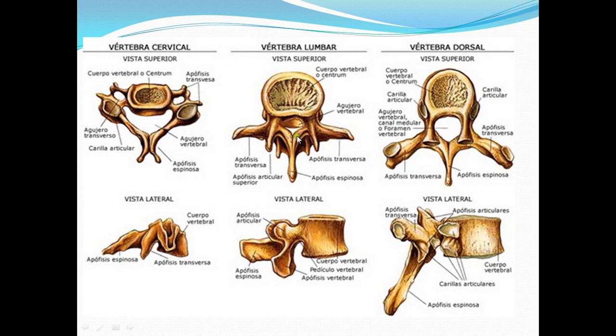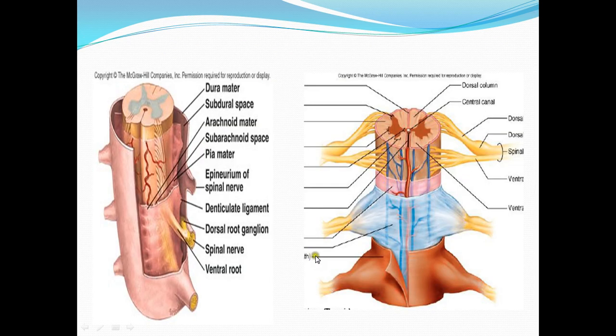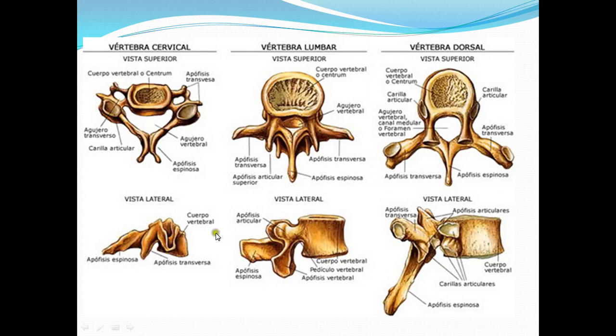In the lumbar vertebra, the vertebral body is larger compared to other vertebrae. If you compare this with the thoracic one, in the thoracic the spinous process is angulated more downward, while in the lumbar it is slightly transverse.